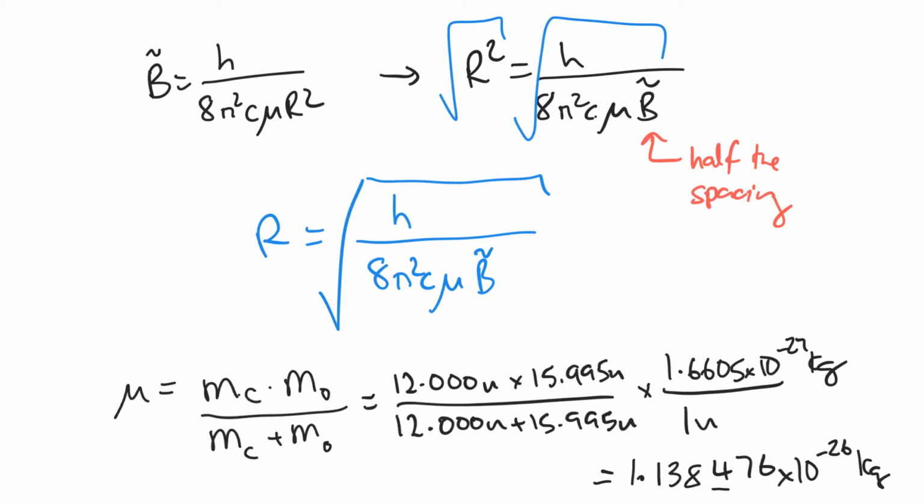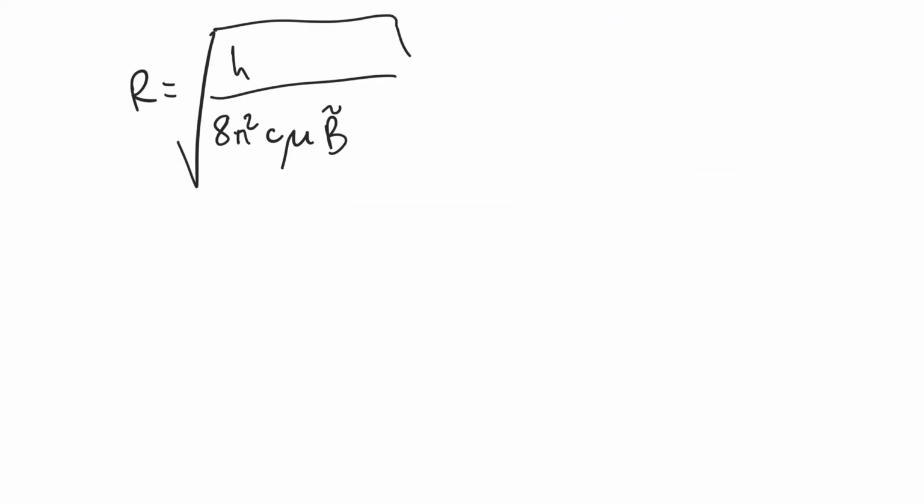So at this point we can just plug everything in. I just rewrote that expression there. H is 6.626 times 10 to the negative 34th joule seconds. That's the SI unit for energy times the SI unit for time. And we've got an 8, and we've got pi, which we'll just leave as pi squared.